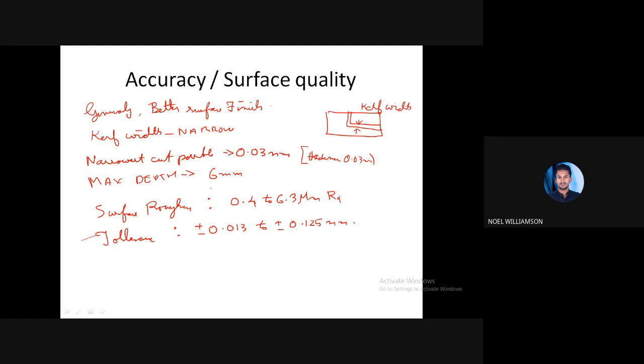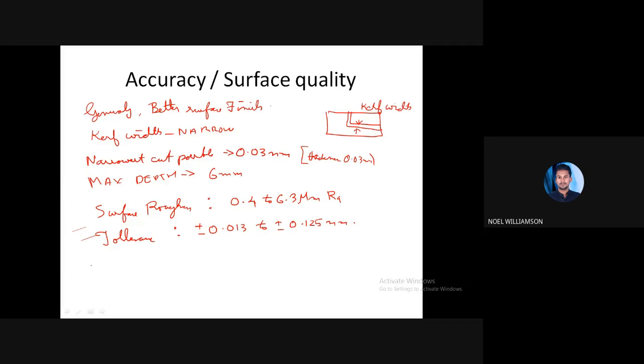Now the main parameters which alter the surface quality can be listed here.